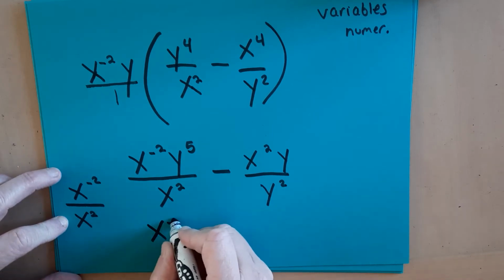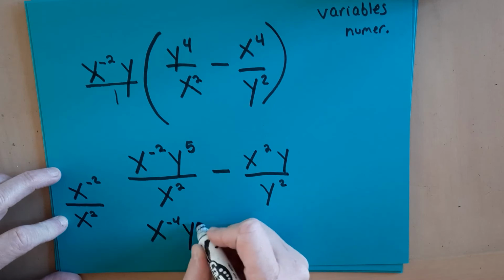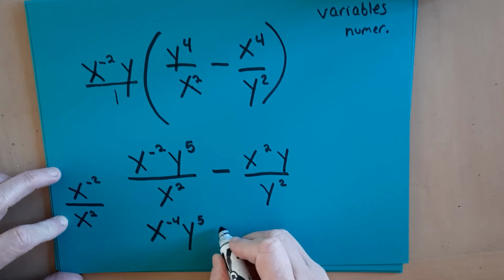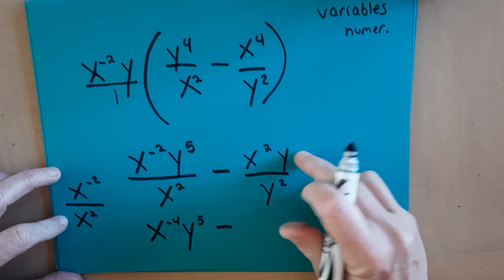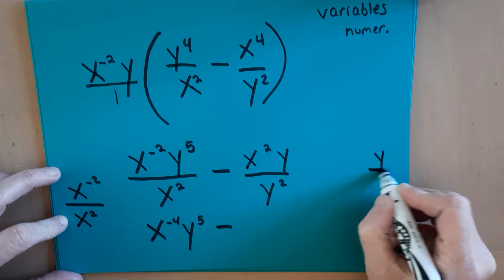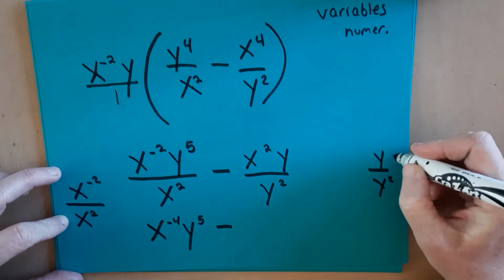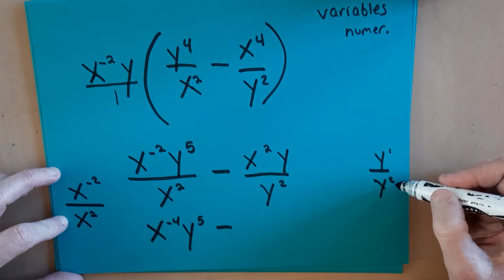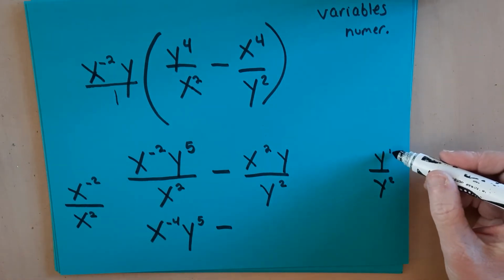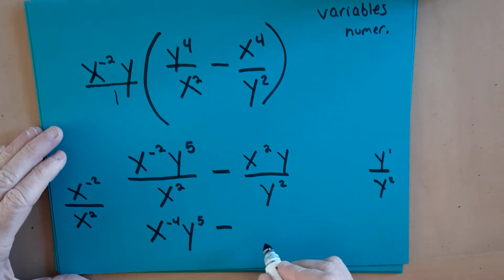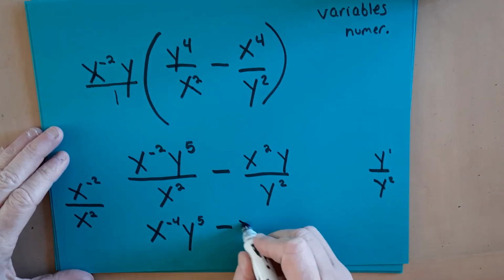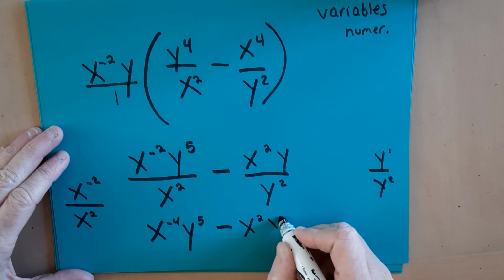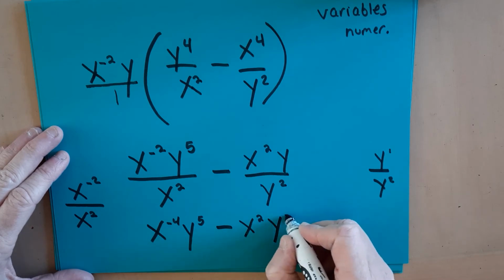So that's x to the negative fourth times y to the fifth minus, now we have a y on the top and a y squared on the bottom. Again, we subtract the exponents in order to find out what the new exponent will be. So we have 1 minus 2, which is negative 1. So we have x squared y to the negative 1.